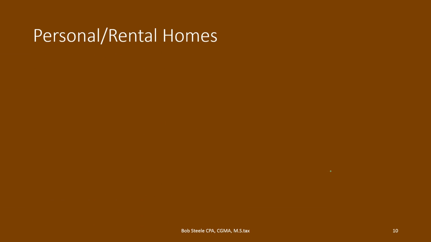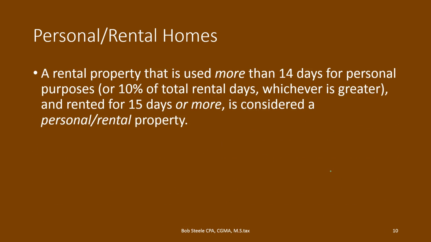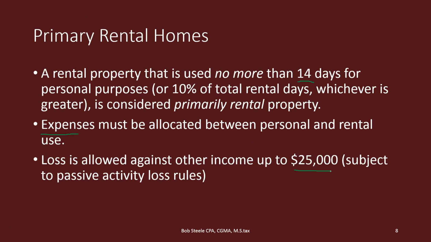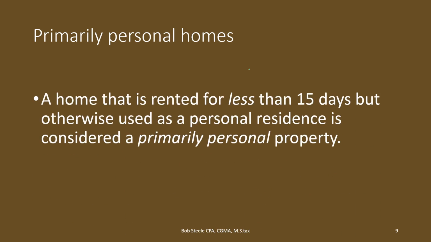So then if it's a personal/rental home, remember that in the previous scenario where we had primary personal homes, they could not be rented for more than 14 days. Well, what happens if they use it personally for more than 14 days?